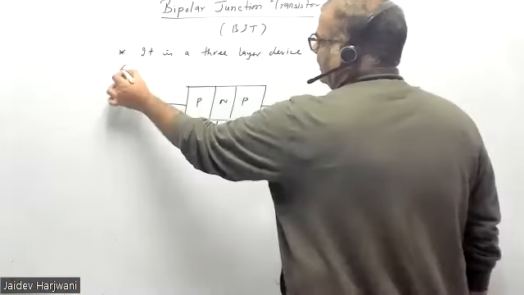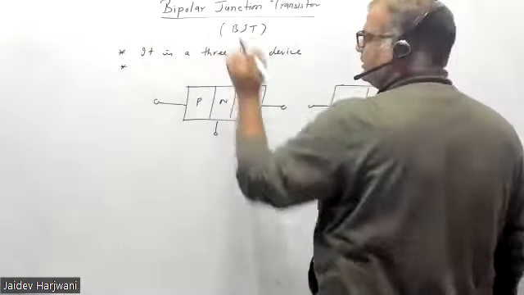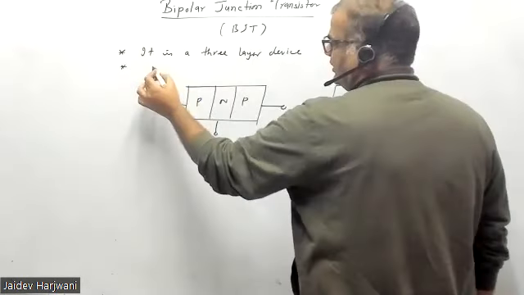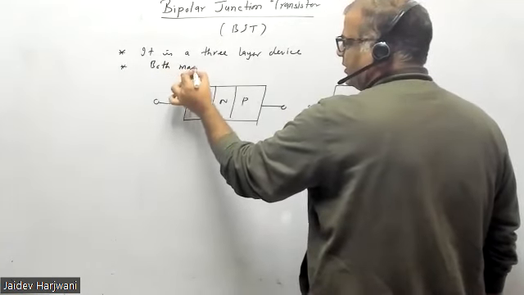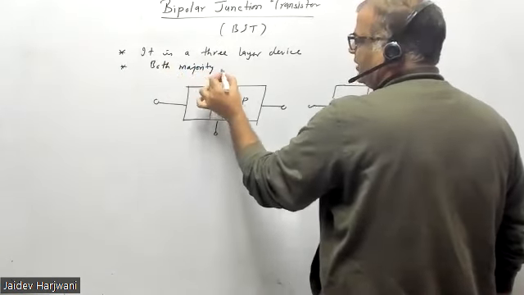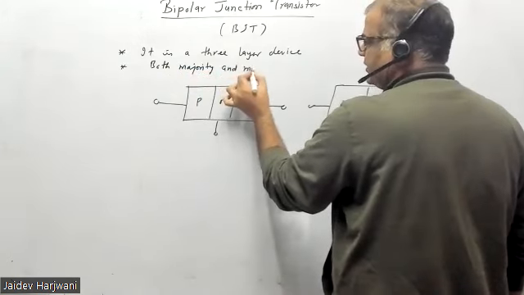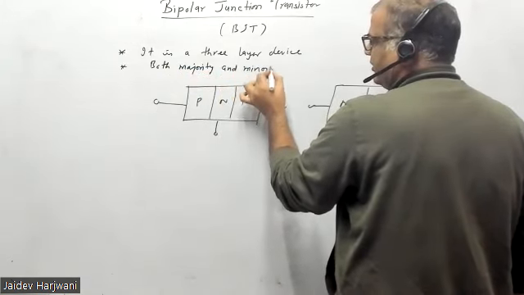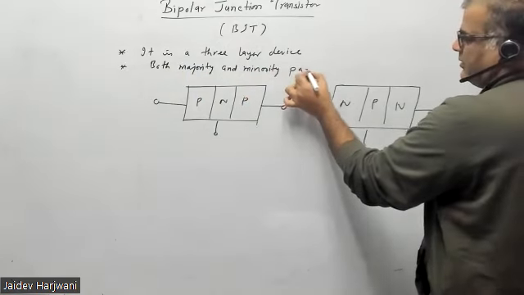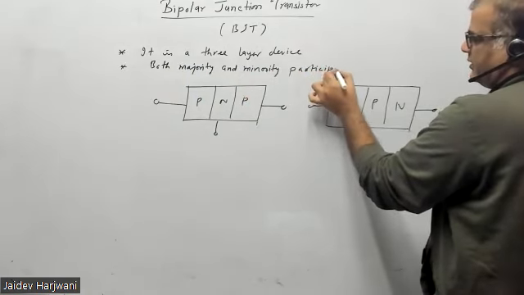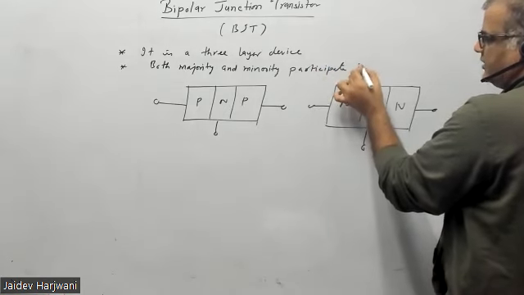And it is called bipolar because both majority and minority carriers participate in its operation.